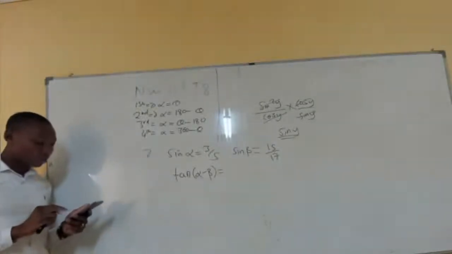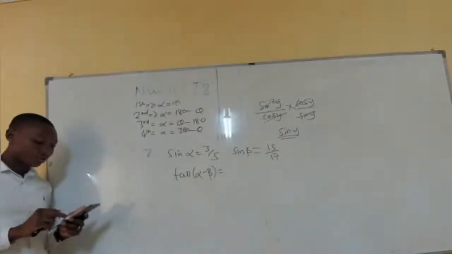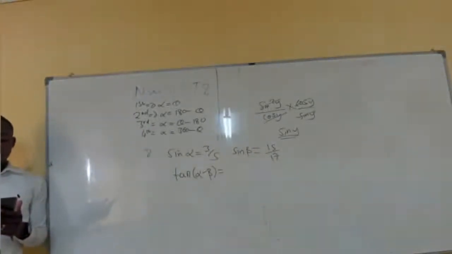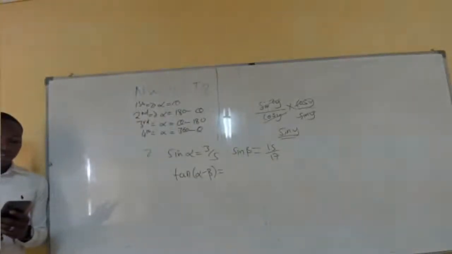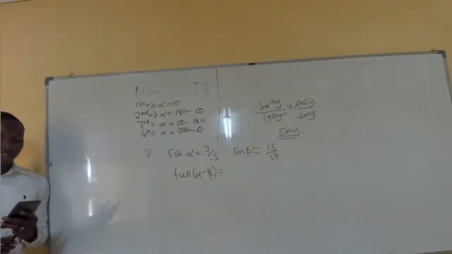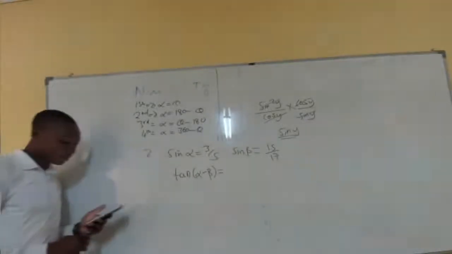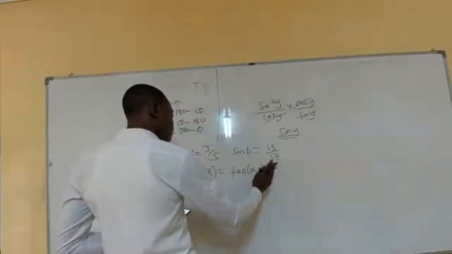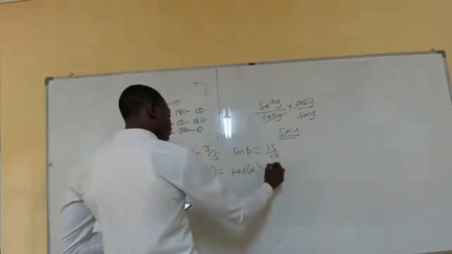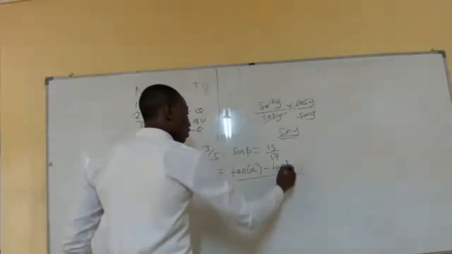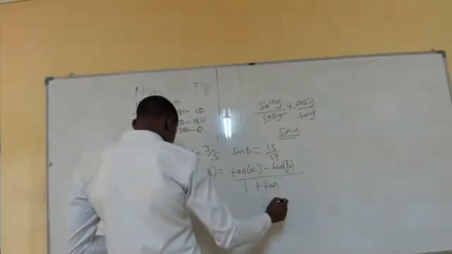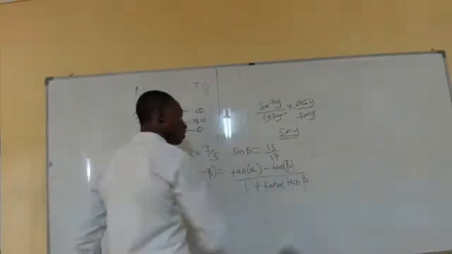Whenever you're talking about the sum and difference in terms of tan, if you look at the sum and difference identities, you notice that tan of alpha minus beta is tan alpha minus tan beta over 1, and since it's minus, it becomes plus tan alpha tan beta.